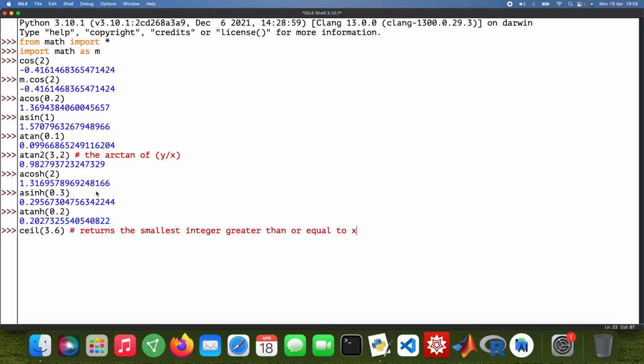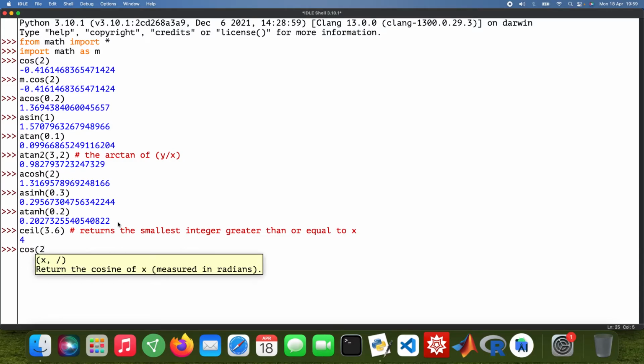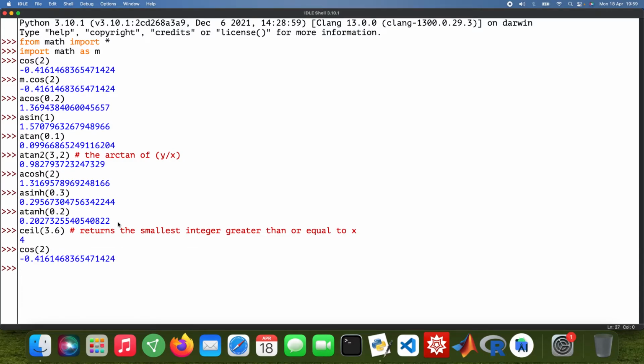So my x is 3.6, so that's going to be 4. And then obviously the cosine, and cosh, which is the hyperbolic function of cosine.